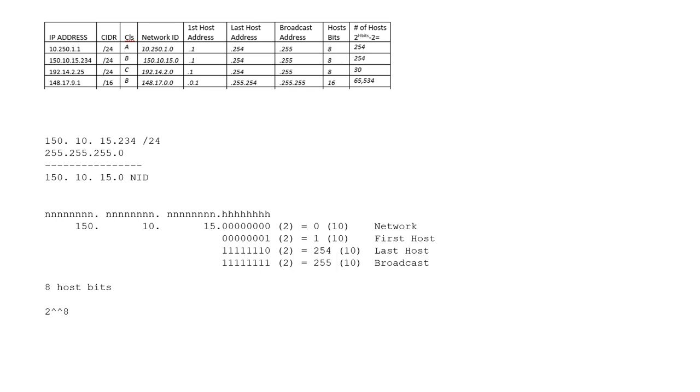When we used to use teletype machines, this is the caret we used for raised to the power of. So 2 raised to the power of 8 minus 2. That gives us 256 minus 2, which equals 254. So that's the number of hosts that we get.